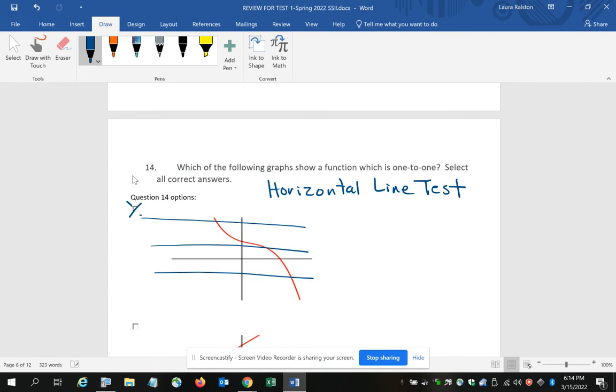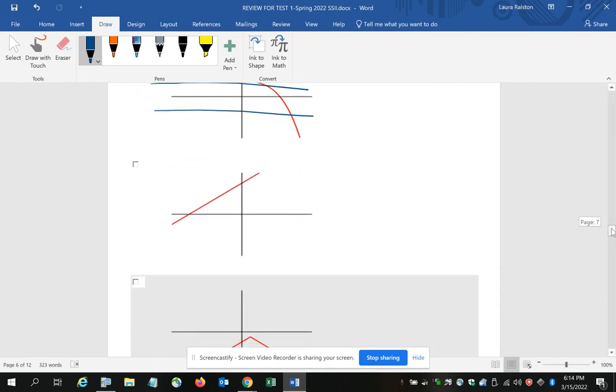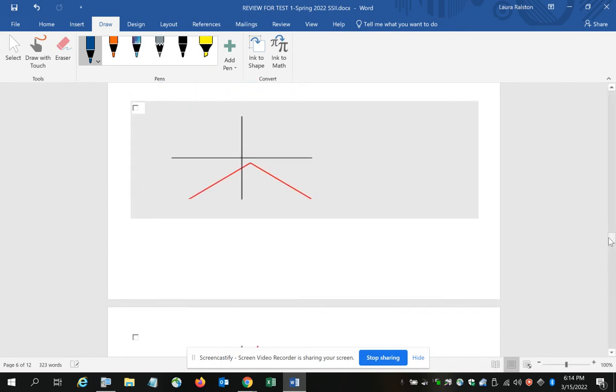So in this case, my first choice is 1 to 1. My second choice would be 1 to 1. My third choice is not, because if I draw a horizontal line here, I cross 2 times. So this one is not 1 to 1.